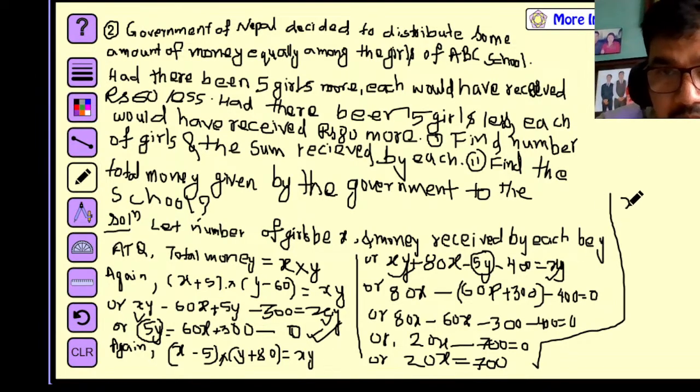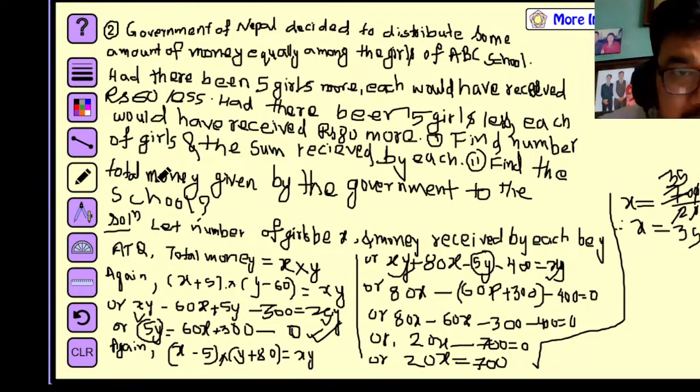Then we can write x equals 700 by 20. Then if you cut this 0, it is 35. Okay, then we got the value x equals 35.